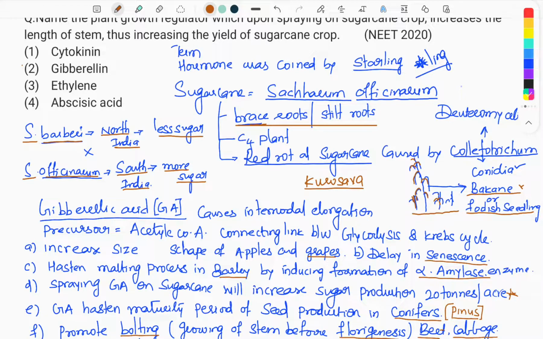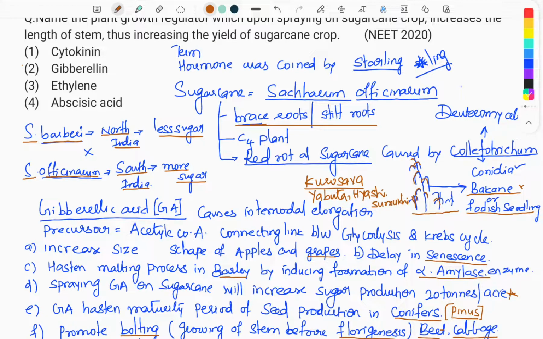The experiments were continued by two more scientists, namely Yabuta, Hayashi and Sumuki. They are the scientists involved in the discovery of gibberellic acid.